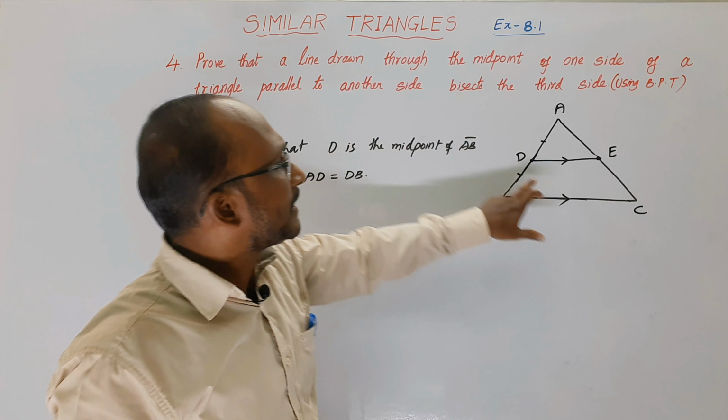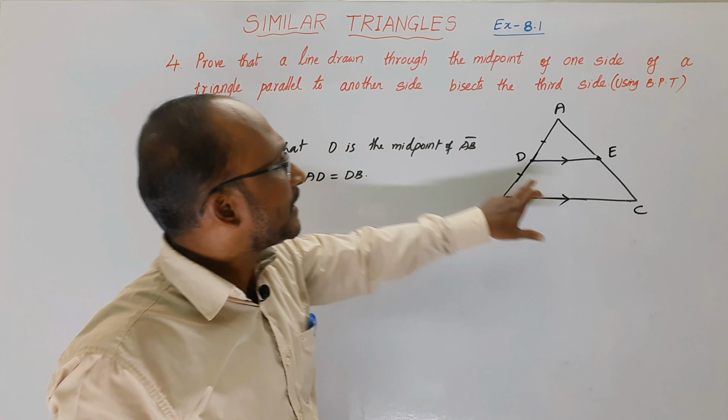Now through this midpoint D, let us draw the line parallel to the side BC. Then this parallel line intersects the third side AC at some point. Let us name it E. Now, by this question, we have to prove that this point E is the midpoint.